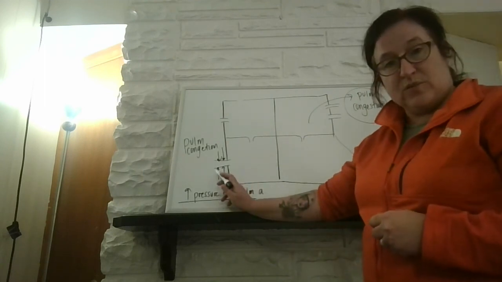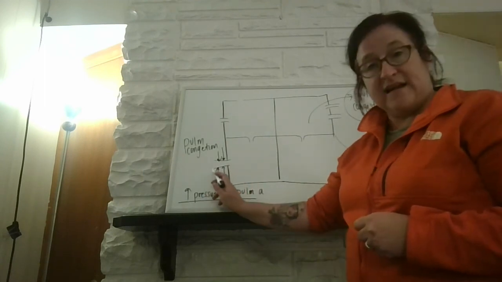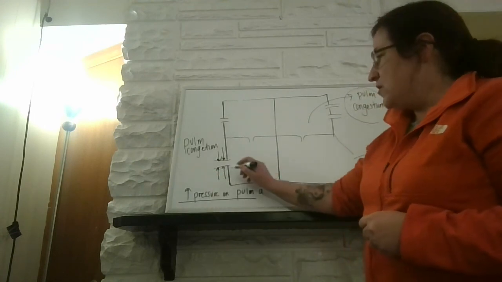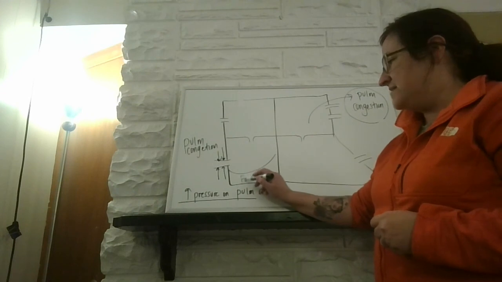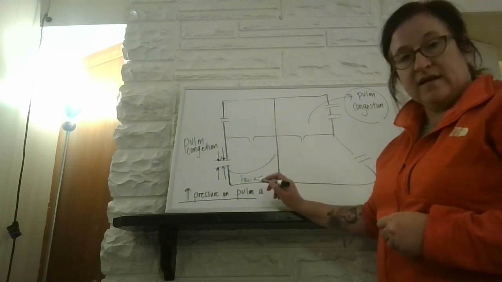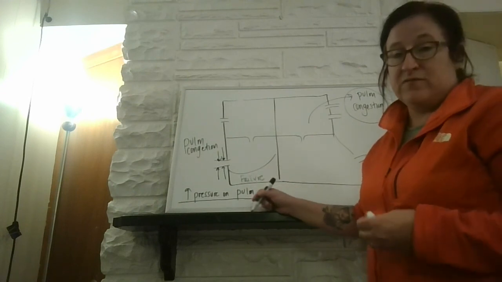This is external compression on the pulmonary artery. That's an increase in afterload on the pulmonary artery, which will begin to cause hypertrophy and then lead to a failure on the right side, which would then show backflow fluid into the system.